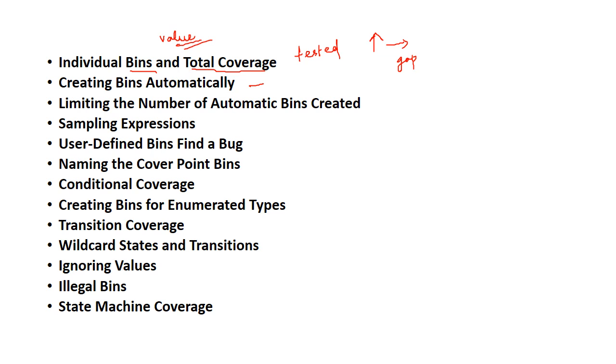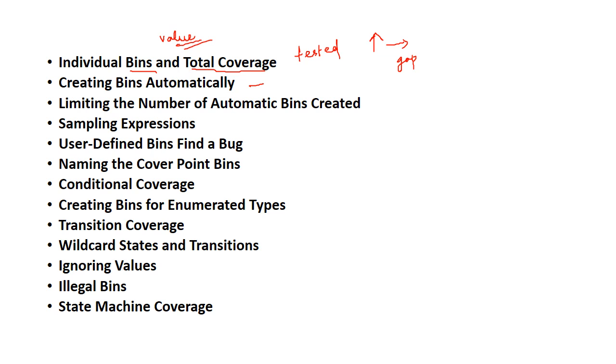These are the different aspects which we are going to cover in case of data sampling in SystemVerilog. To start with, we have the individual bins and total coverage. Bins are used in order to categorize the values of a cover point. Each bin represents a range or a specific value of the variable which is being sampled.